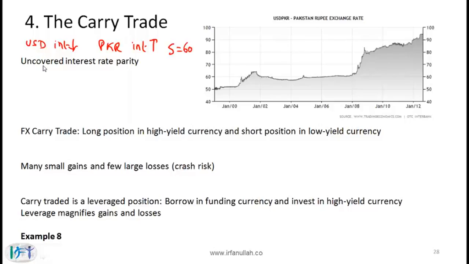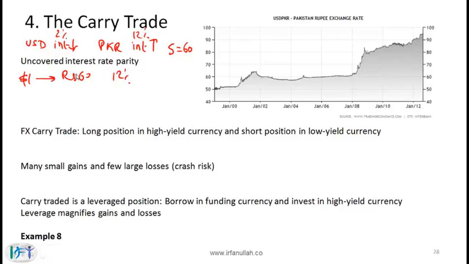According to uncovered interest rate parity, the rupee is going to lose value and the dollar is going to gain value. So looking at it another way, if an investor takes a dollar, sells that dollar to buy rupees, he will get rupees 60, and if the investor then invests at the relatively high interest rate, let's say that the rupee interest rate is 12%, and let's say that the US dollar interest rate is 2%.